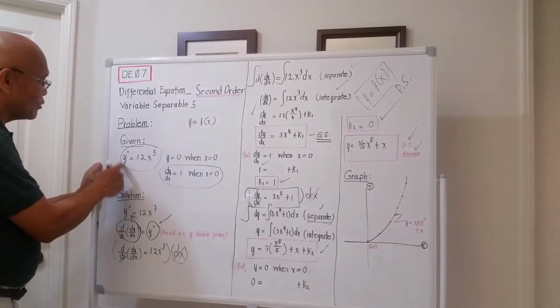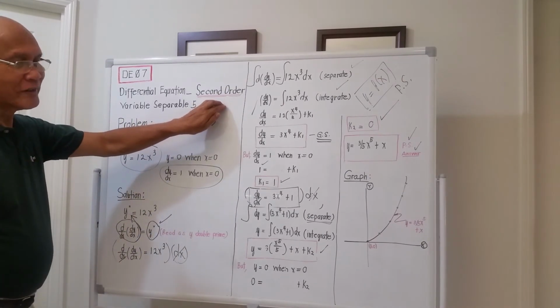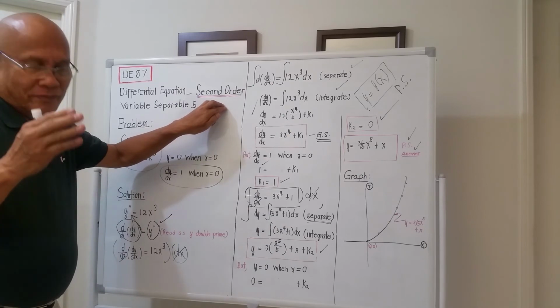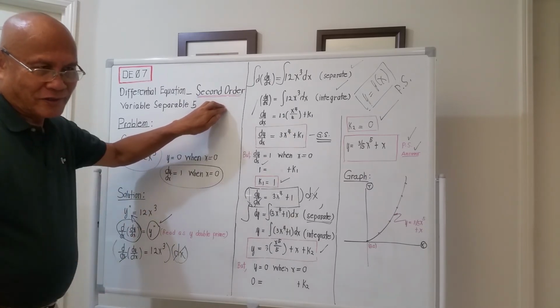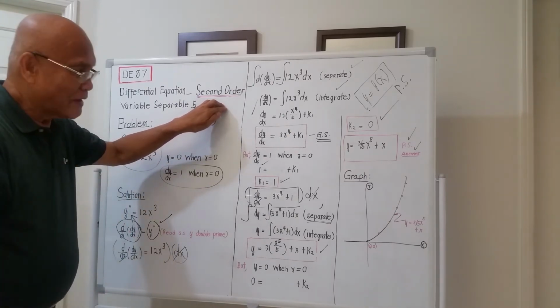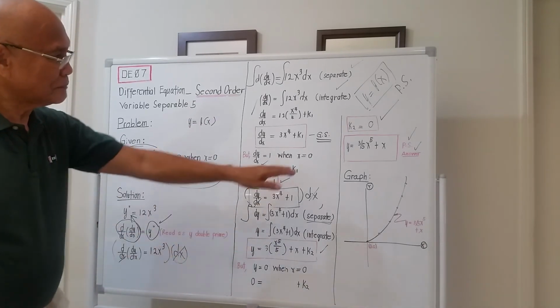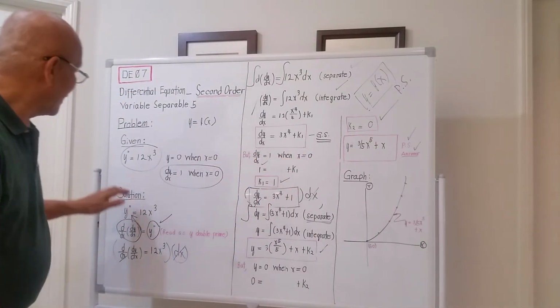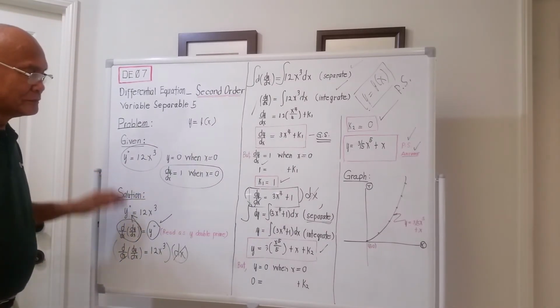That's why it is y double prime. It is second order. Order is the number of times that a given function is differentiated. And for this problem, the particular solution was differentiated 2 times to bring out the original problem.